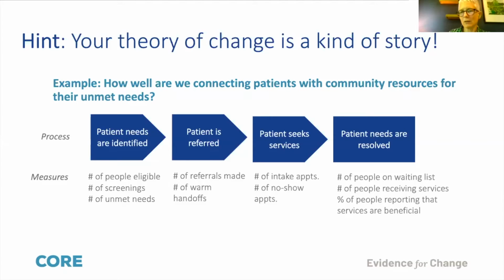You might want to think about what do people say about the quality of the services, or the usefulness of the services to which they were referred. So that's one way to think about indicators, is coming from your program logic or from your story to a sense of what indicators best illustrate the key points of that. Next slide.